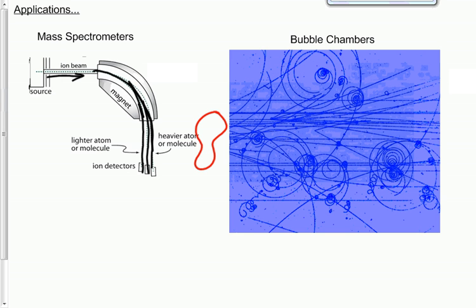And if you notice, let's see if I can find a good one here. Right here, if you look around, it looks like a little curly thing coming out of nowhere.